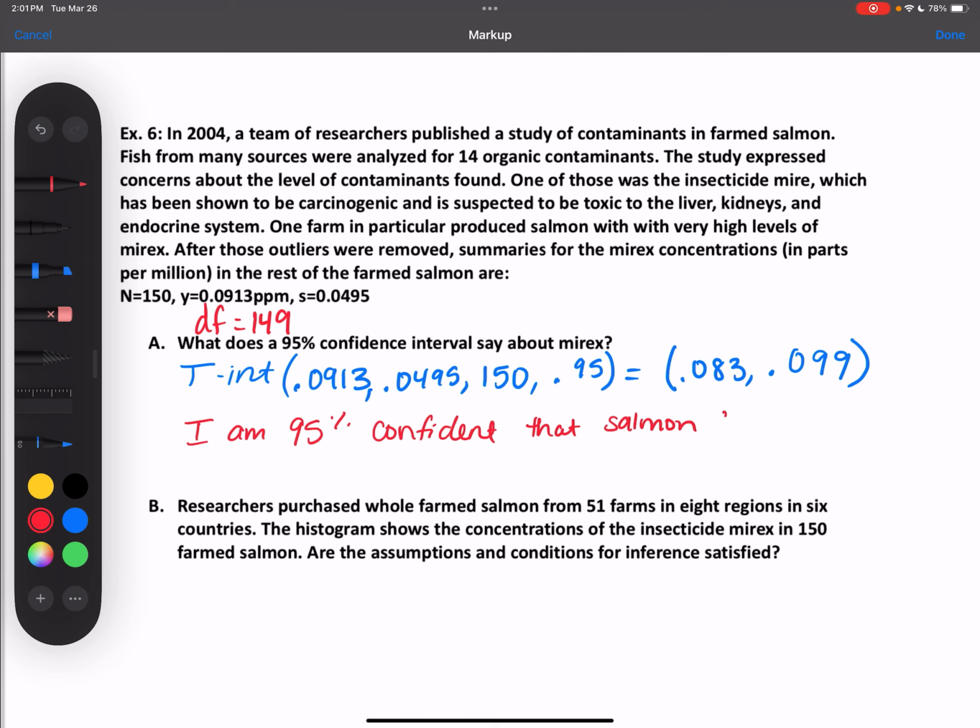It says many sources, so I'll just say from the farms.